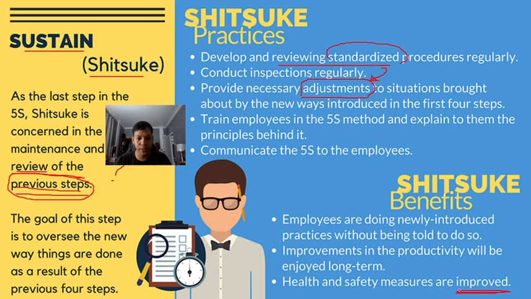So we need to improve not just ourselves, not just our intellect, our behavior, our skills, but also the processes or procedures set by the manager or the owner of the establishment. There is always room for improvement. That is why we need to standardize and we need to sustain. We need to review the standard and make some adjustments based on the situations.